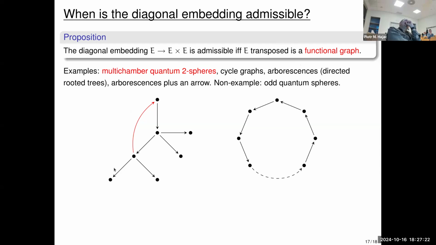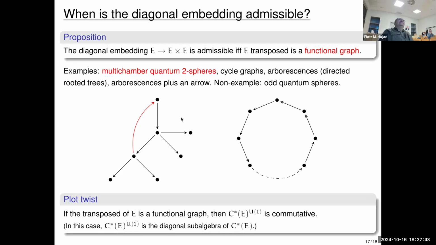If you have a directed rooted tree, you add an arrow going to the root, then it's fine. Still, it is in this class of graphs. And also cycle graphs are good. What is not an example is the graph of the higher-dimensional quantum sphere, which is the one I was interested in, but still, there are a number of examples.